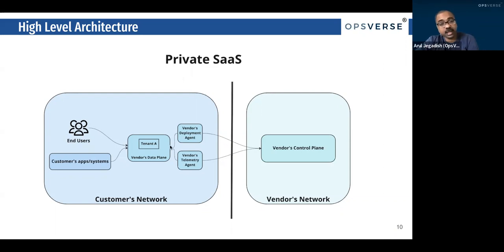Yeah, so that's another valid question. As you have seen, in this case, the tools are running within your network. So there is going to be infrastructure costs to run those tools. But even in the self-hosted model, you are anyway going to be paying for that infrastructure. And with respect to private SaaS, because this is coming through the vendor, your infrastructure is going to be optimized with respect to auto scaling and resource allocation.